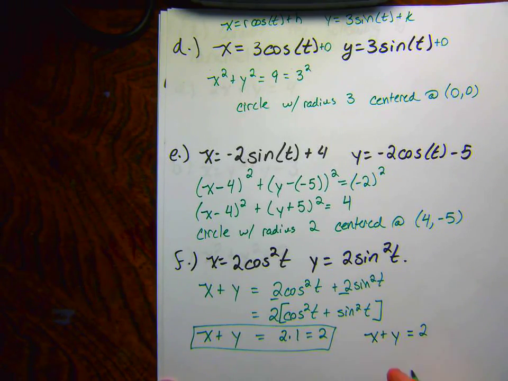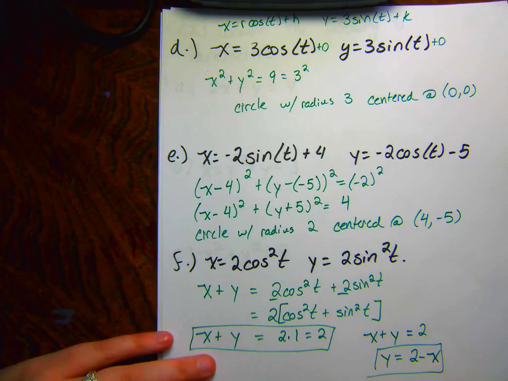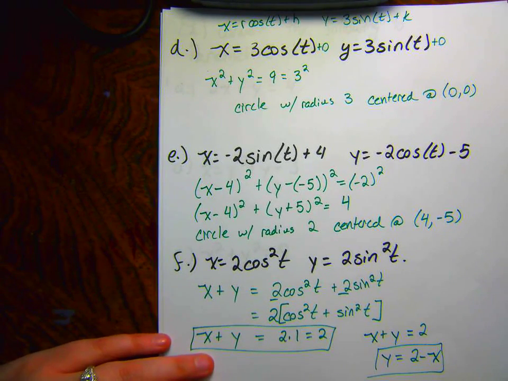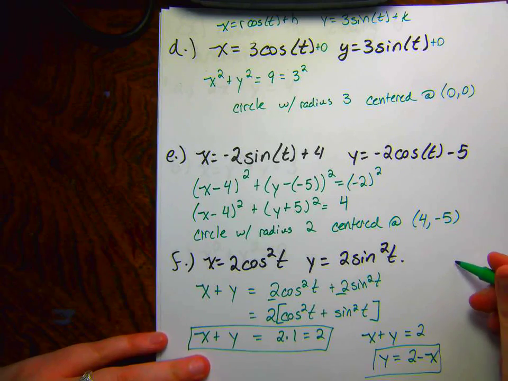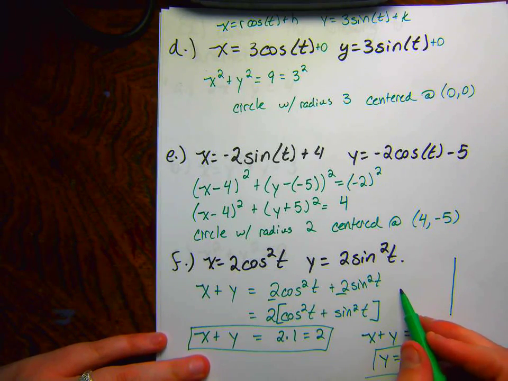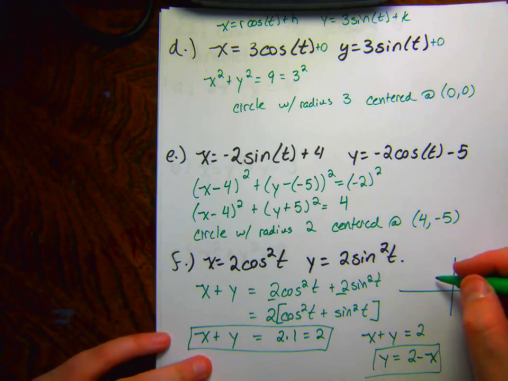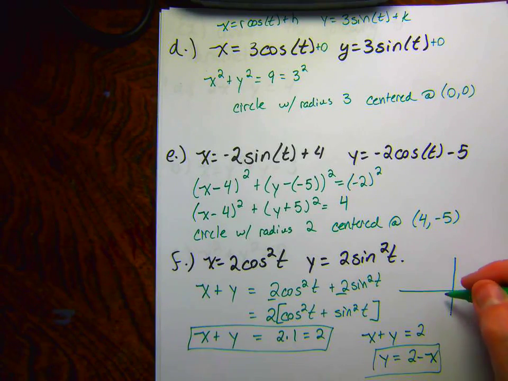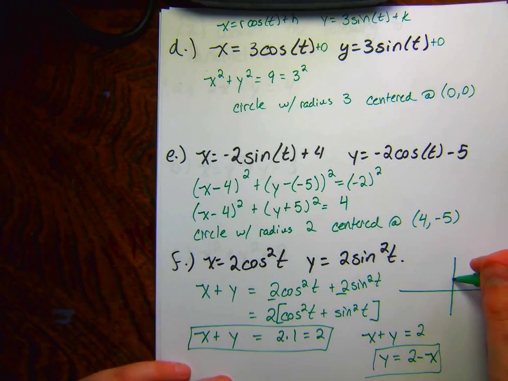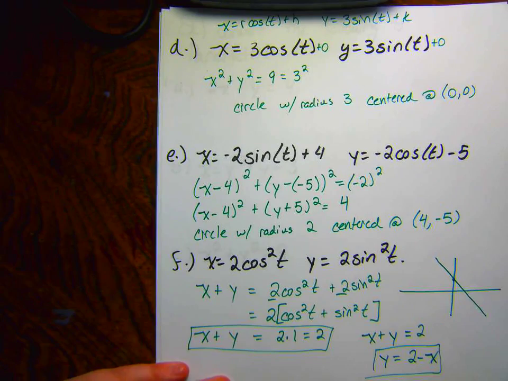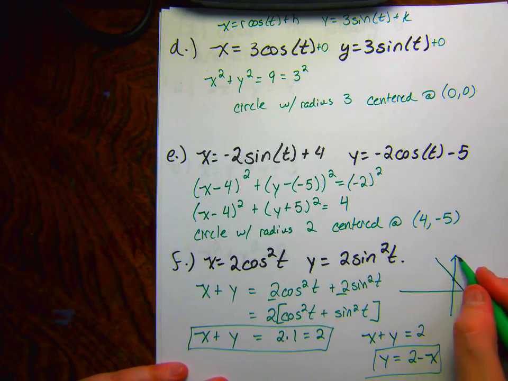If we solve this for y, we get y equals 2 minus x. And this equation is just a linear equation on the Cartesian plane. So you should have gotten a graph that looks something like this on your calculator.